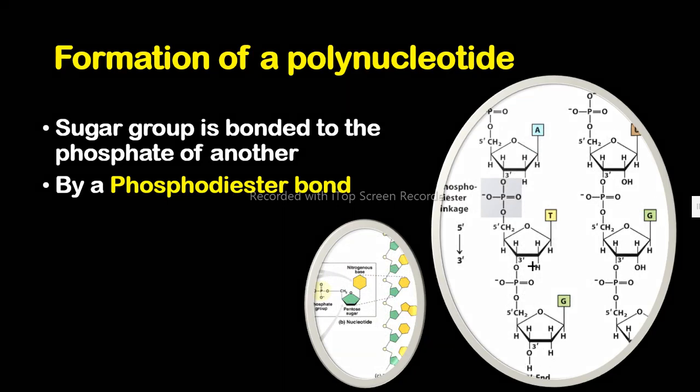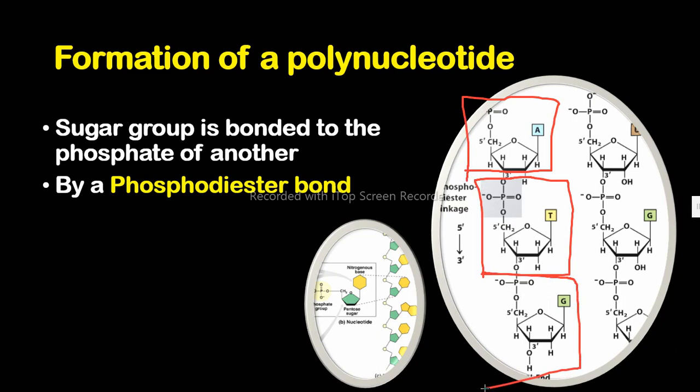So this is a nucleotide, the whole of this is a nucleotide, sorry, from here the whole of this is a nucleotide, even from here the whole of this is a nucleotide, and also the whole of this is also a nucleotide.